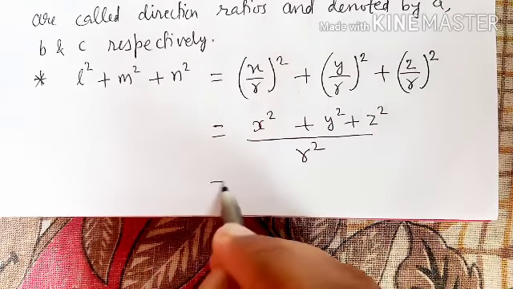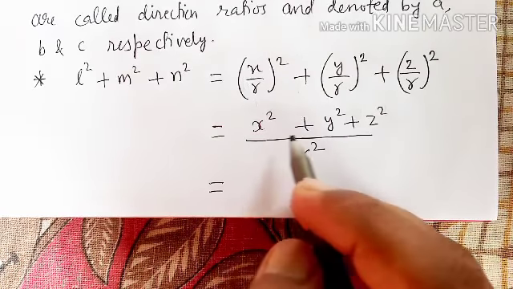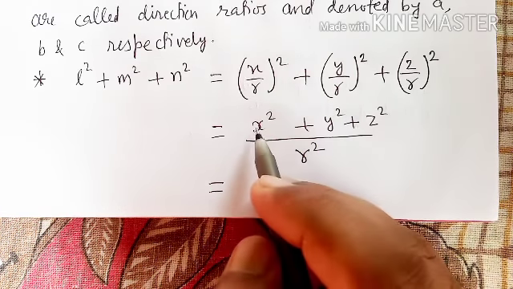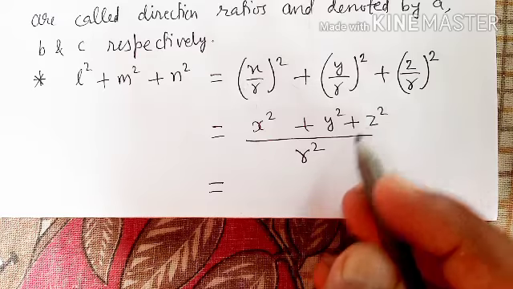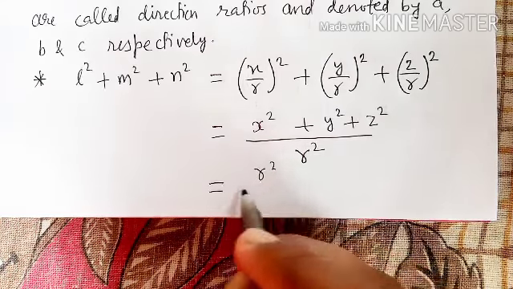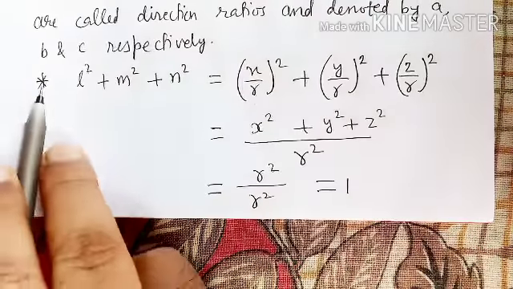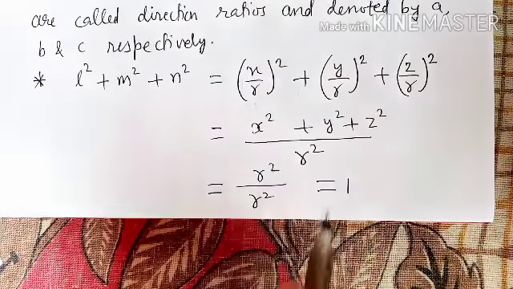We know that square root of x square plus y square plus z square is R. So x square plus y square plus z square is equal to R square. So we have the result L square plus M square plus N square is equal to 1.